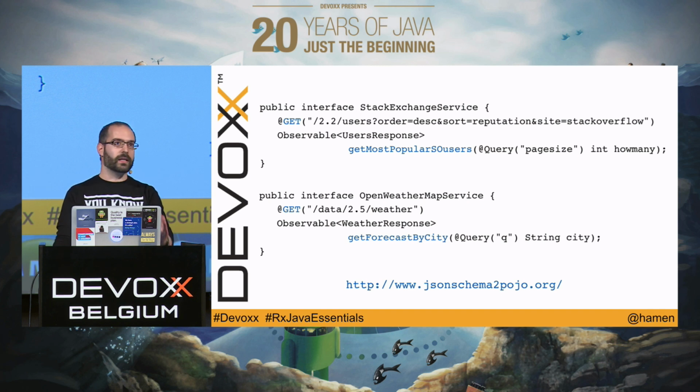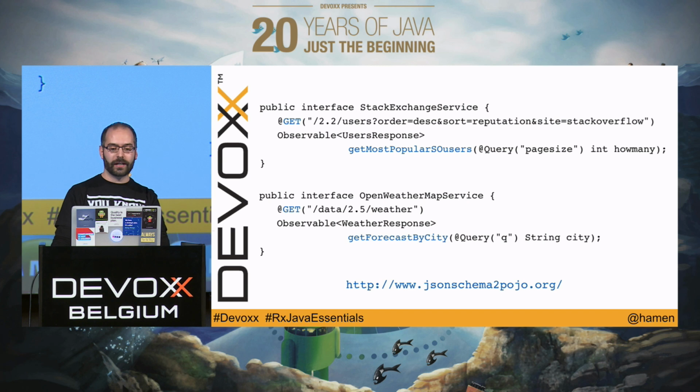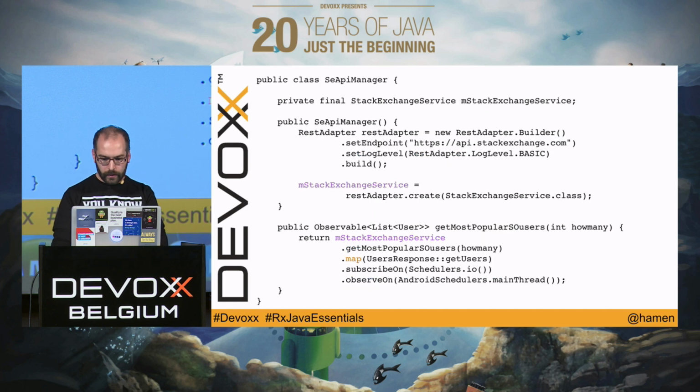It's just that easy. I'm lazy, and I'm creating the models with JSON schema to Pojo. I'm not, come on, really. I can create models manually. I'm too old. I'm creating a Stack Exchange API manager because I like to have things sorted out.